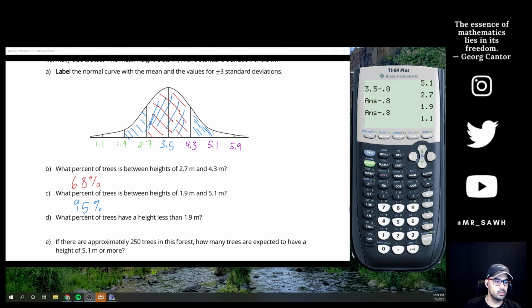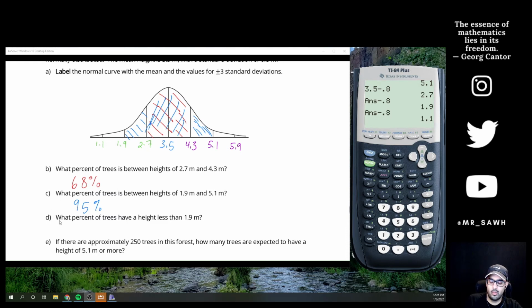Right? So I know that if I have trees between a height of 1.9 meters and 5.1 meters, that should account for 95% of trees in this forest. Okay, the really, really tall trees and really, really small trees make up a very small percentage of this forest. Everything else accounts for the rest of the data.